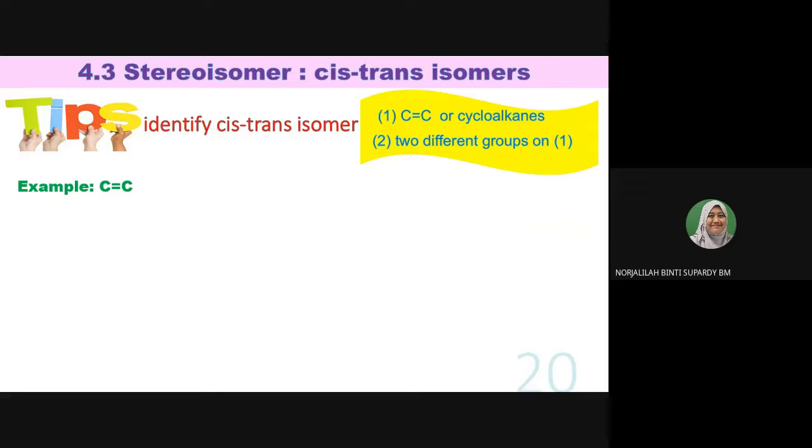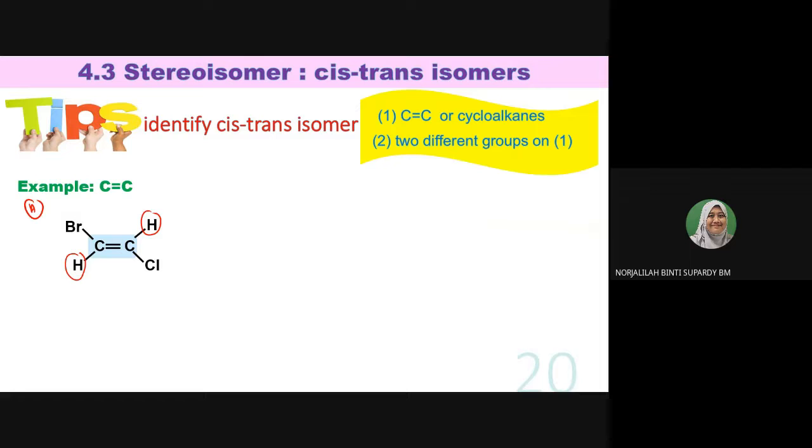First is the restricted rotation about the carbon-carbon double bond, or about the carbon single bond in cycloalkanes, and the restricted carbon contains two different groups of atoms. For example, we have structure A. Since the position of the hydrogen atom is at the opposite side, this is the trans isomer.